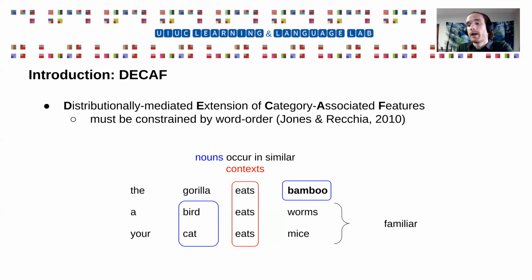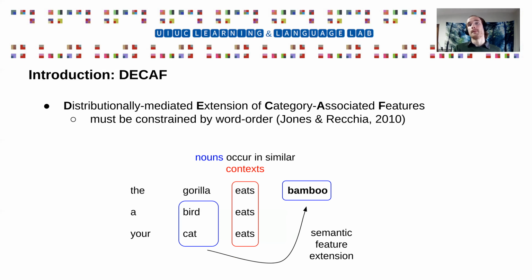In every other way, co-occurrence statistics are the same. If you're just keeping track of how many times a word has occurred with what other word, like bamboo and eats, and you're not tracking the order, so does it come before or after, you're not going to produce useful knowledge for performing this task. So if you didn't track word order, you'd make incorrect inferences of the sort illustrated here, and we want to try to prevent that.